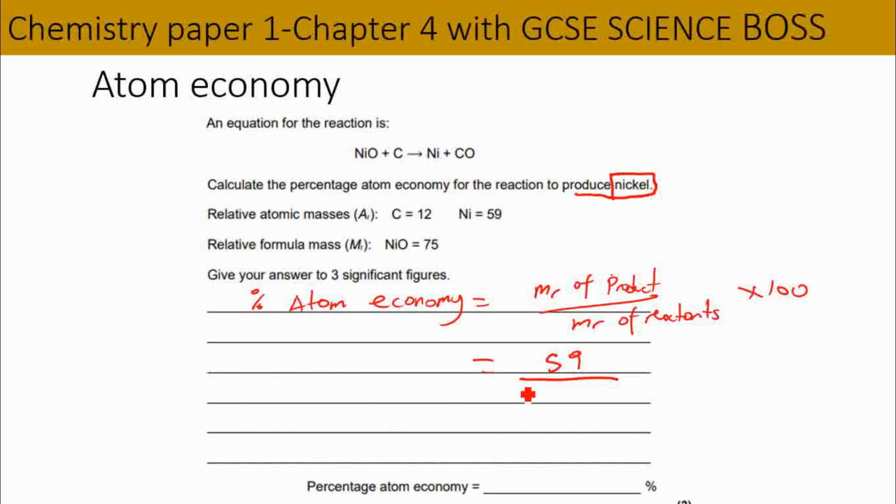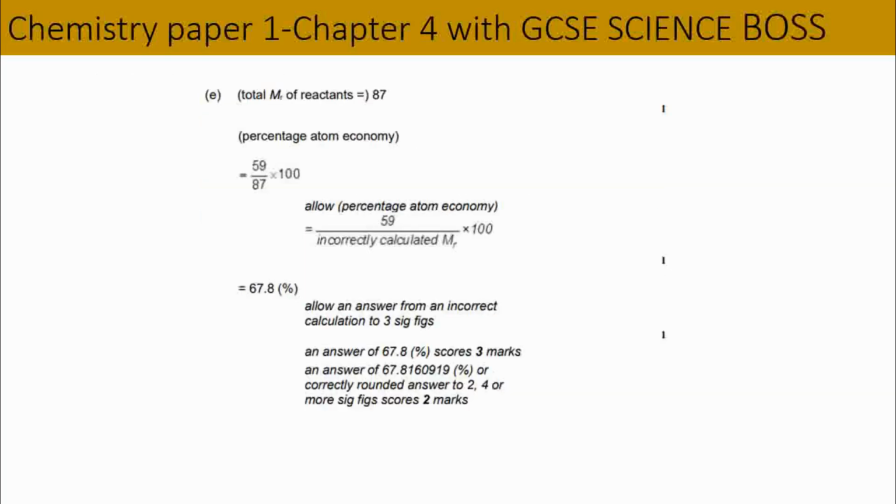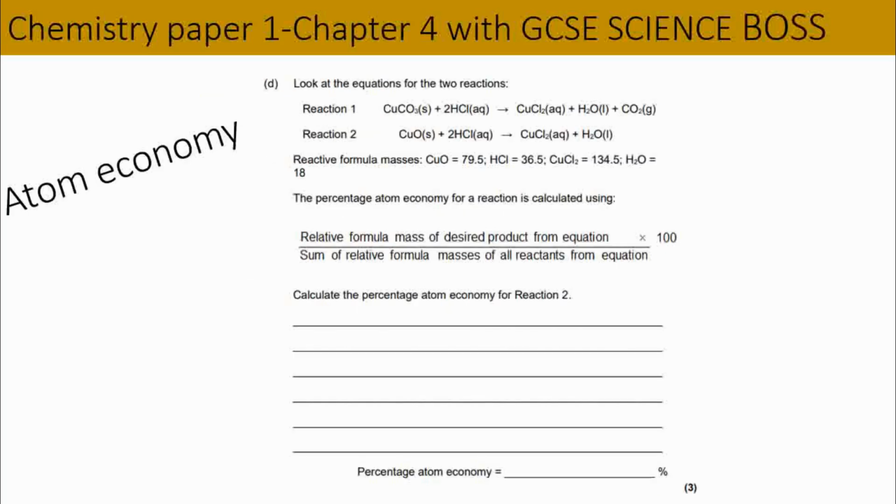So it's going to be nickel oxide, which is 75, plus carbon, which is 12. We're going to times that by 100. So it's 59 over 87 times 100, and that gives me an answer of 67.8 to 3 significant figures. Please note that you will lose marks if you don't do the correct significant figures.